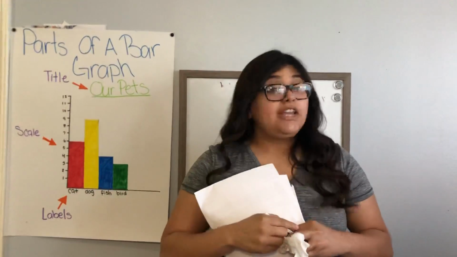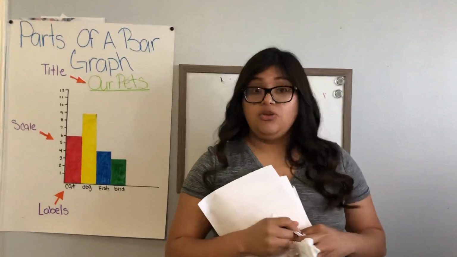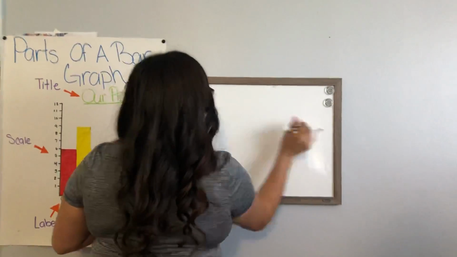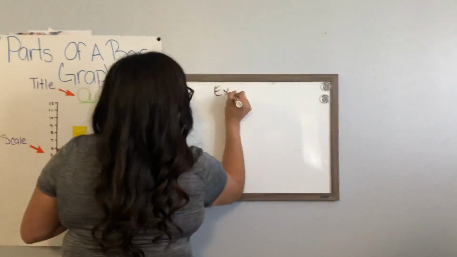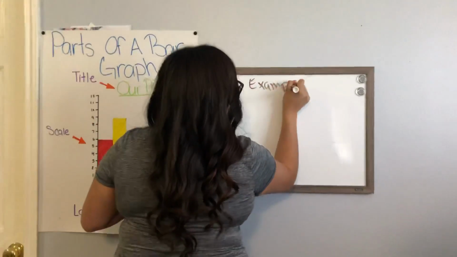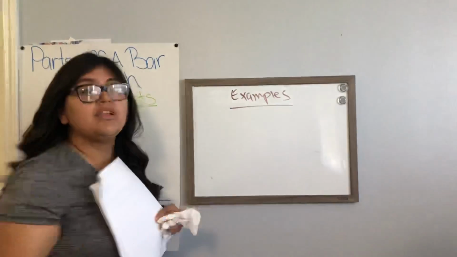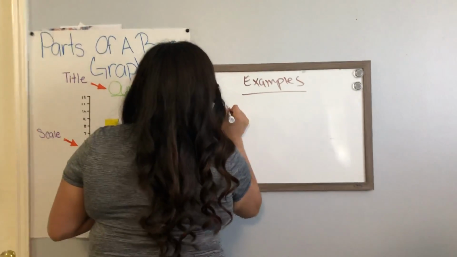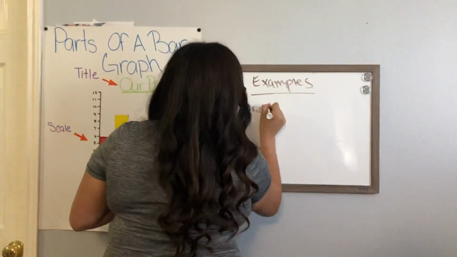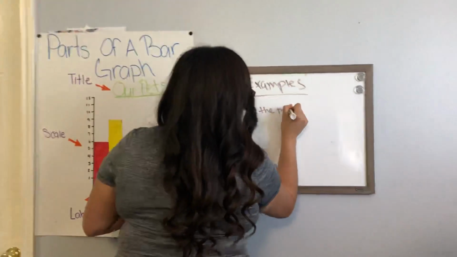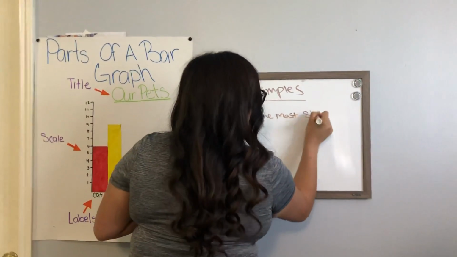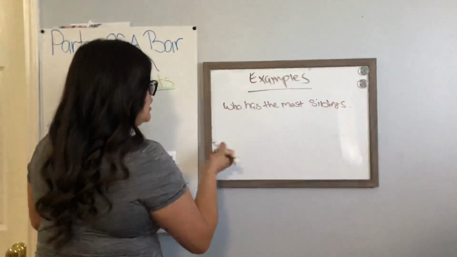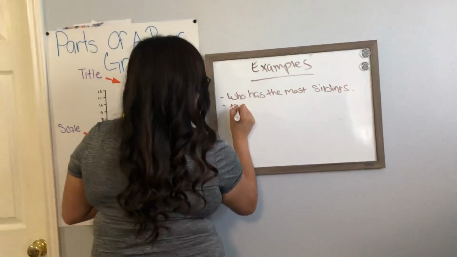So what can you talk about in this activity to create your own bar graph? Well, these will be examples you could use. Examples would be, who has the most siblings? That could be a topic you can talk about. Another one could be favorite color.